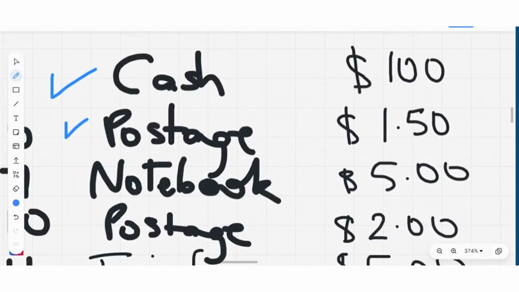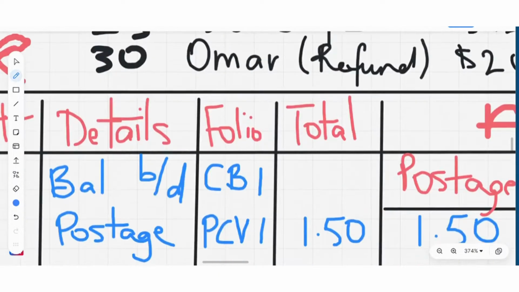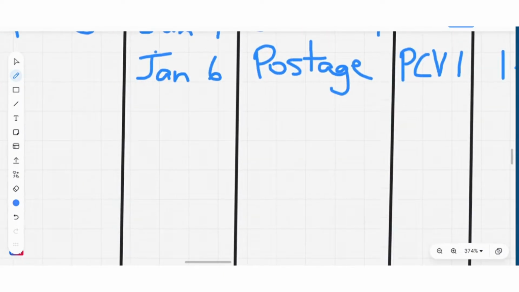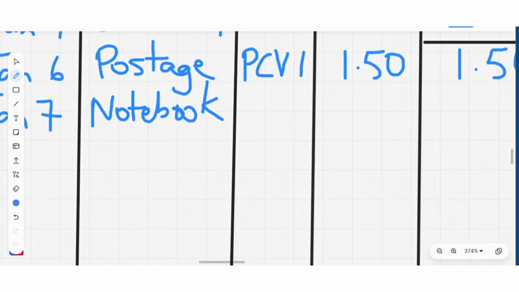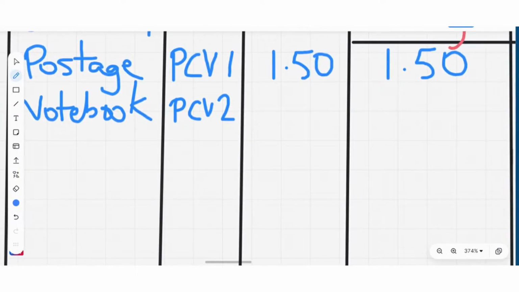January 7, we have notebook for $5. So you do the same thing. January 7, notebook. This is petty cash voucher number 2. We'll say that notebook cost $5.